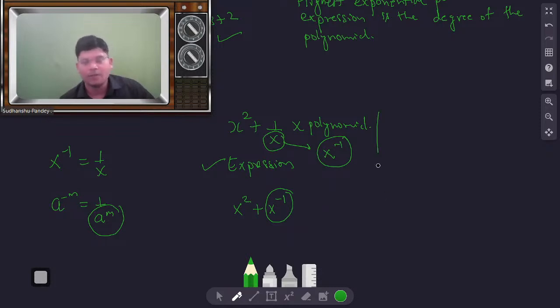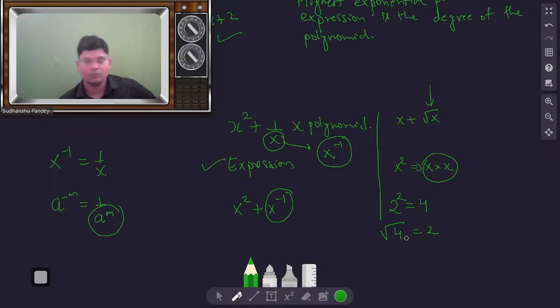One more example I am writing. If somebody asks x plus root x, you are not familiar with under root, but if I say that x square means x is being multiplied 2 times. So if I ask what is the reverse process of this, suppose 2 square is going to be 4, so I am also going to say square root of 4 is going to be 2. Yes, sir.